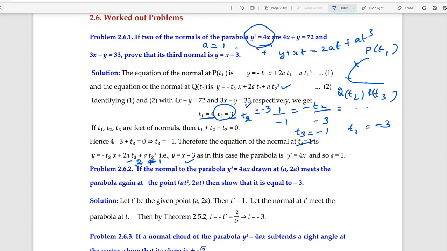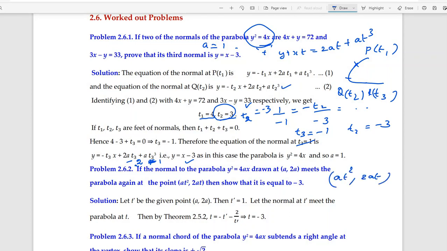Now coming to the second one: if the normal to the parabola y square equal to 4ax drawn at a comma 2a meets the parabola again at the point at square, 2at, then show that t is equal to minus 3. So let t be the given point a comma 2a. In general, we know that it is given by at square, 2at.